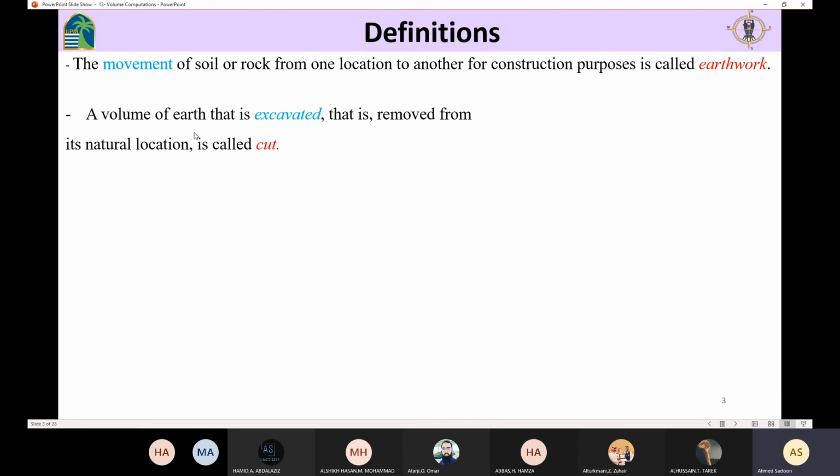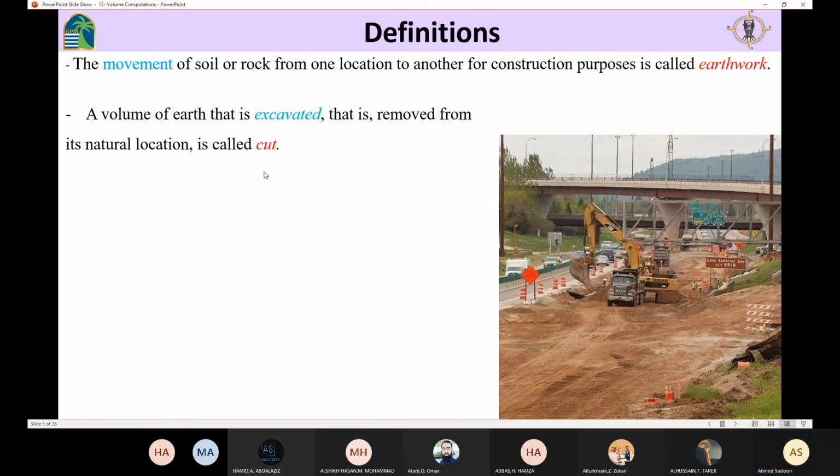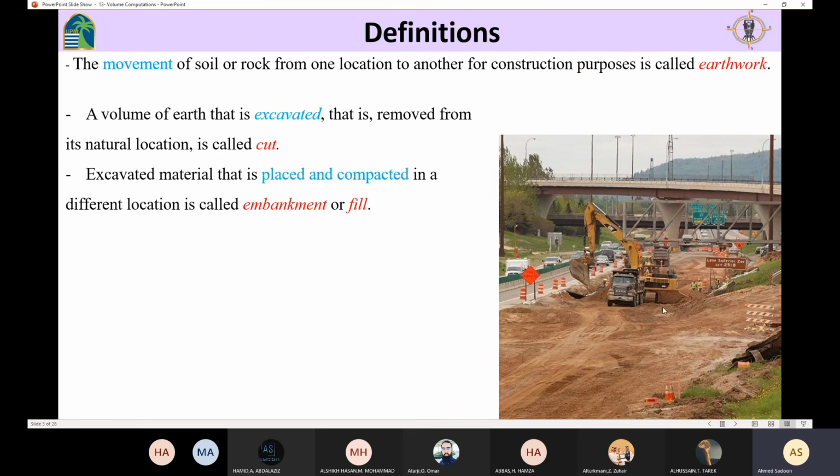A volume of earth is excavated, which means that it is removed from its natural location. We call this cut. On the other hand, the excavated material is going to be placed and compacted in a different location, and we call this embankment or fill.